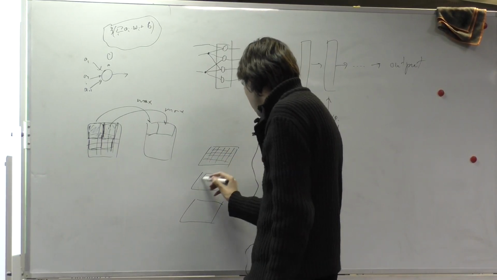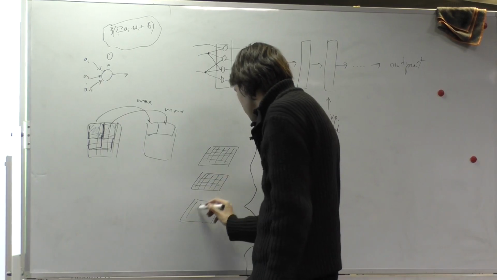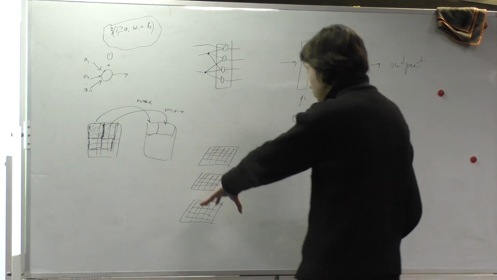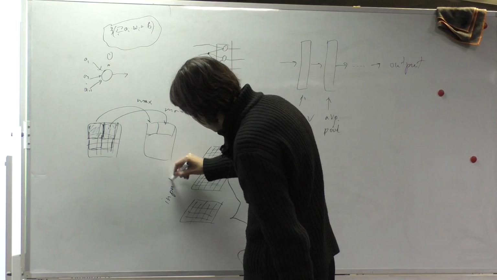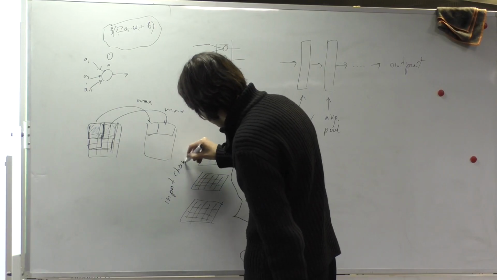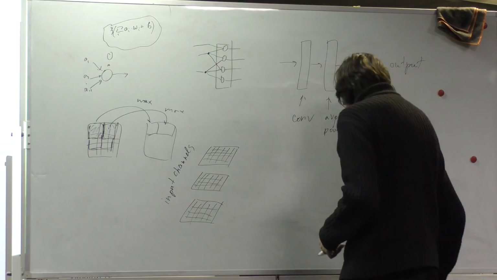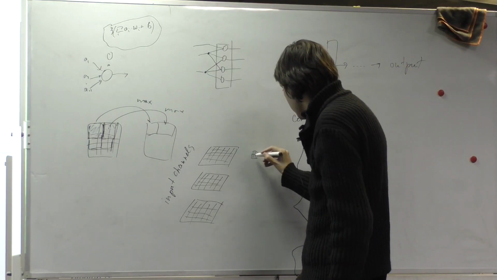They may come from some different layers, so they may be generated with the previous layer. They may be reshaped from some data, so whatever. Then you have a kernel, like 3 by 3.